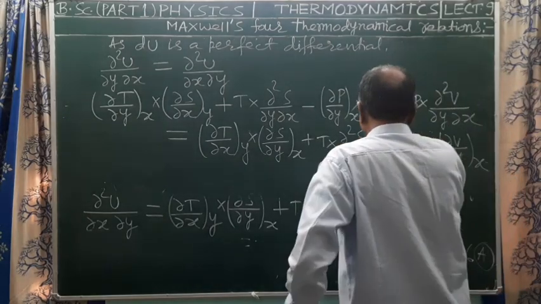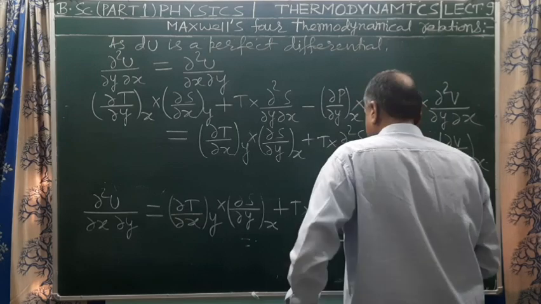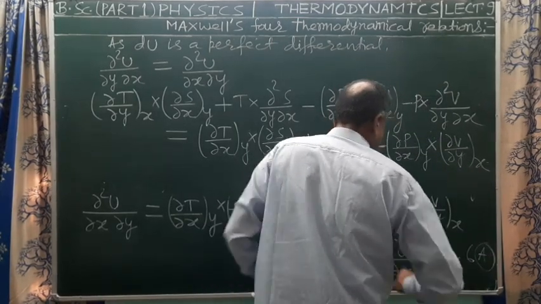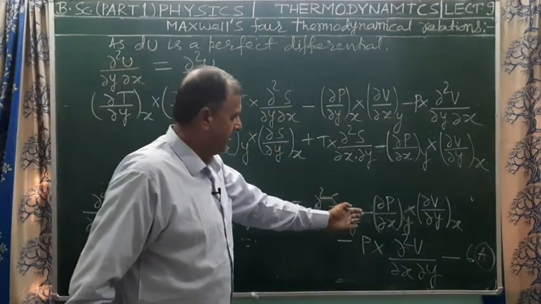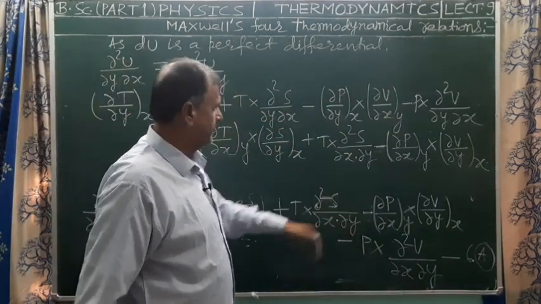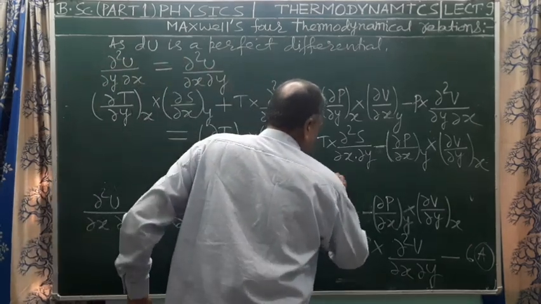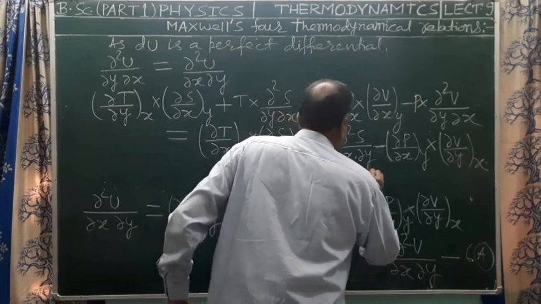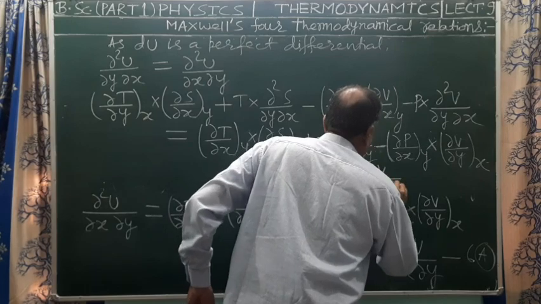But this third term is negative, so there is a correction in 6a: in place of plus, we should write minus. And the last term is also negative, so it is minus P multiplied by ∂²V/∂x∂y.